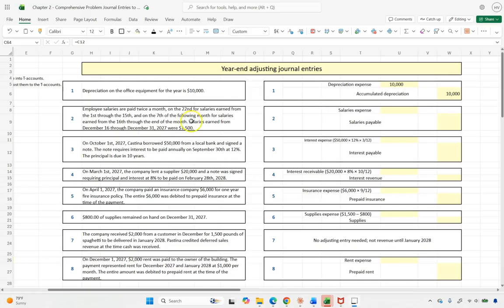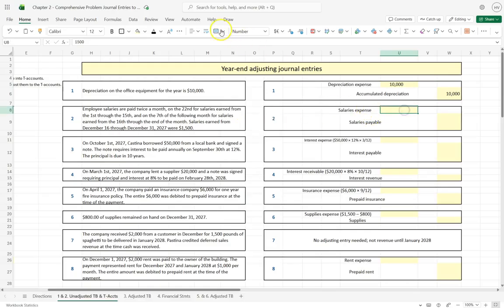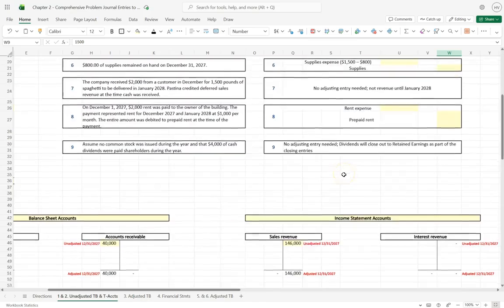So at 12/31, we need to accrue for those salaries because they have actually been earned and we owe them to the employees. So we're going to record a debit of salaries expense for the $1,500 and credit salaries payable. And then we're going to have to post those into our T accounts. So we have a debit to salaries expense for $1,500.